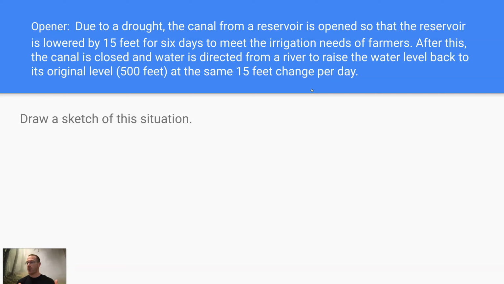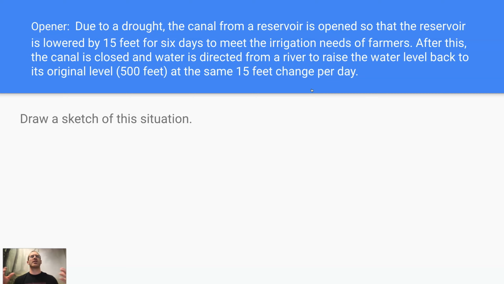All right, so here's what we want you to do. We're going to look at this problem in two different ways. One is we really want you to have a visual image of lots of situations, because if you can picture it, if you can sketch it, if you can draw it, that's going to help you with a lot of the algebra and the math that we're going to do with that particular situation. So right now, pause the video, take 15, 30 seconds, and sketch a graph.